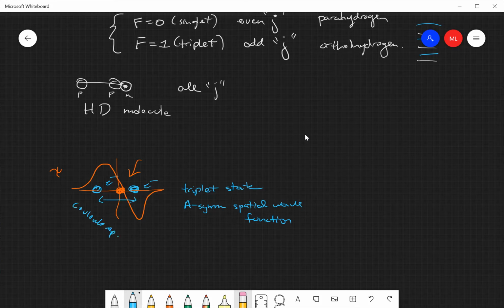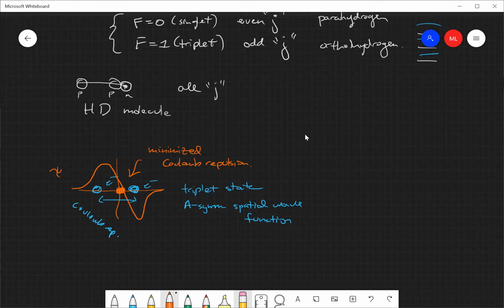And having an anti-symmetric spatial wave function is a way of minimizing the Coulomb repulsion, simply because of the anti-symmetry of the spatial part. You don't find the electrons in that region between them because of the anti-symmetry of the spatial portion of the wave function.